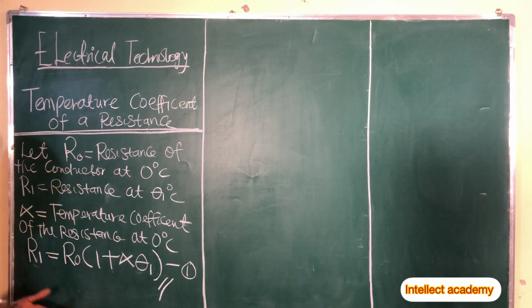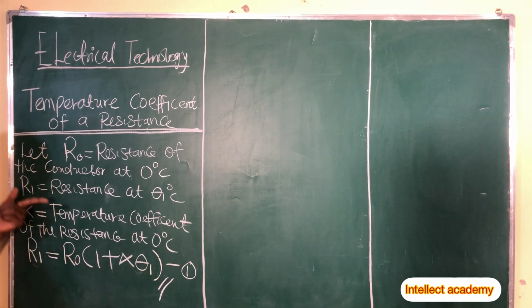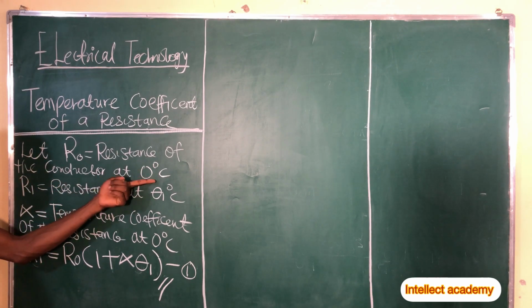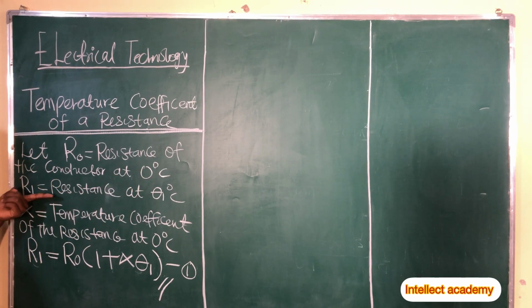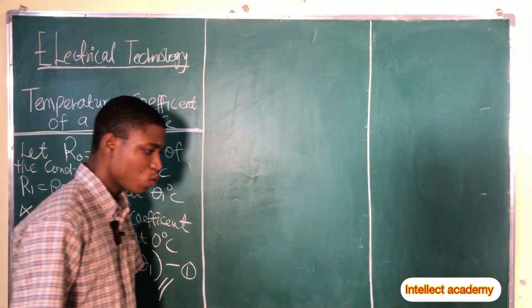Of course, that is the reference. So we can call this the reference temperature coefficient of the resistance at 0 degrees Celsius, where R0 is the resistance of the conductor at 0 degrees Celsius, and R1 is the resistance of the conductor at theta 1 degrees.